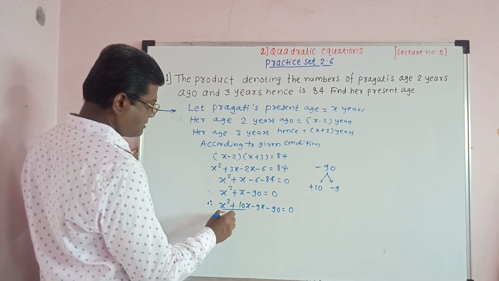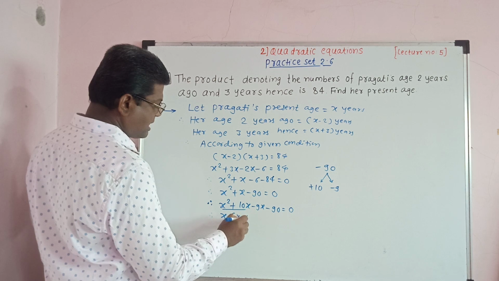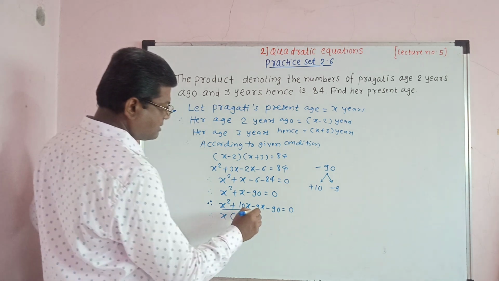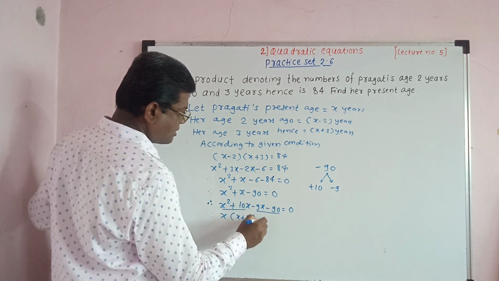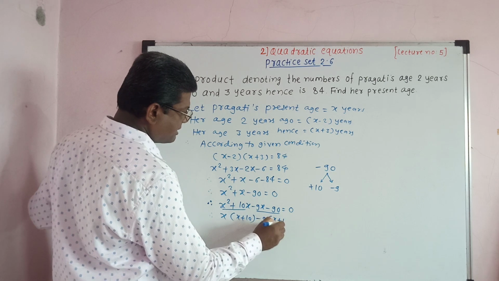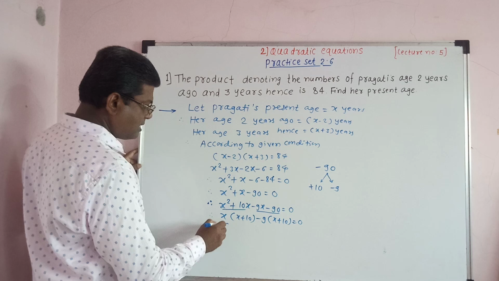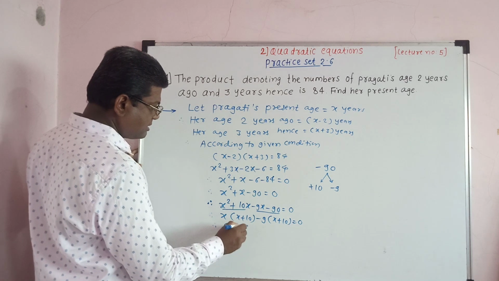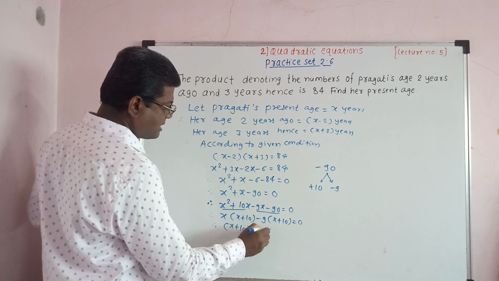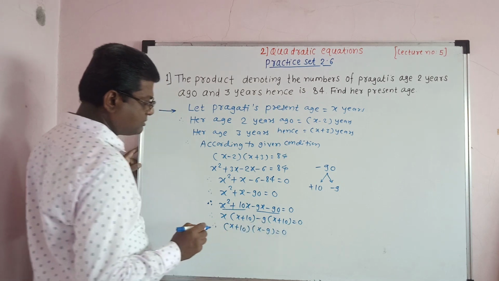Therefore take x common, in bracket x plus 10. Here take minus 9 common, in bracket x plus 10 is equal to 0. Therefore x plus 10 into x minus 9 is equal to 0.